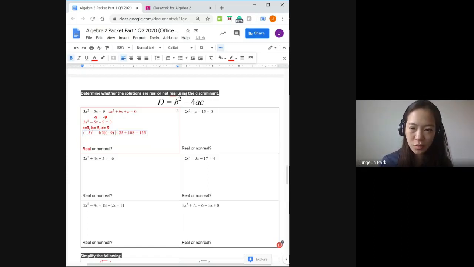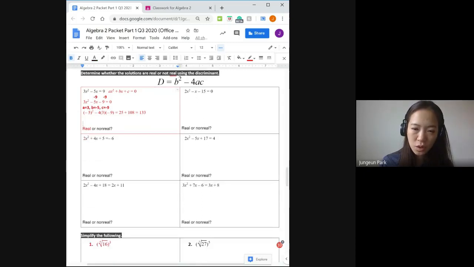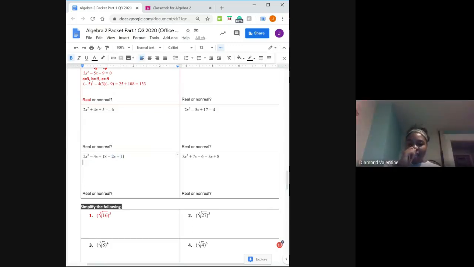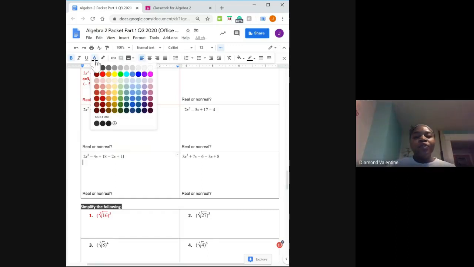Okay, so that's what you need to do with these. For example, with this question, you would have to add 6 on both sides, and then you would identify A, B, C. For this one, how do I get rid of this, you think? You would just focus on 2x plus 11.